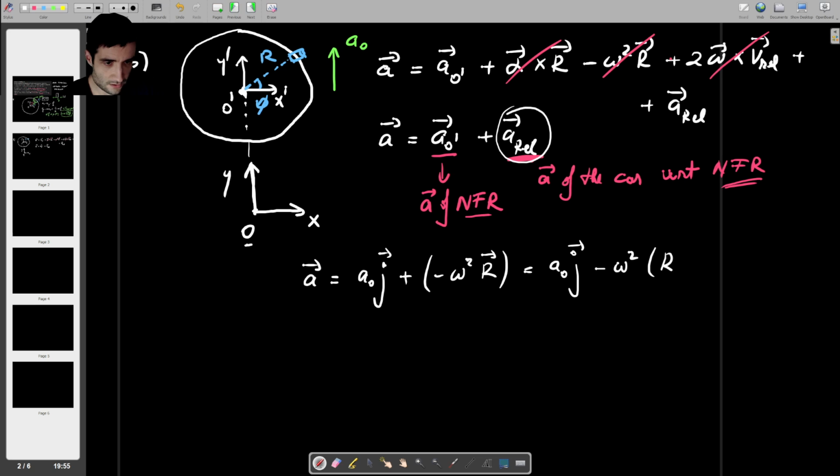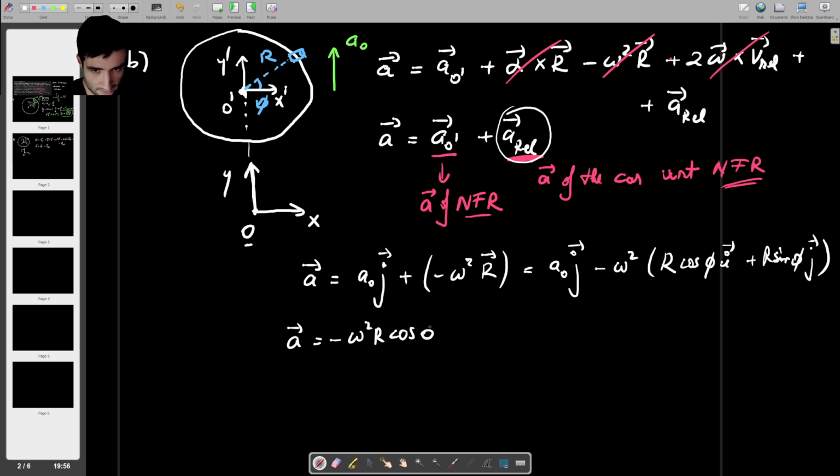The first one is r cosine phi times the unit vector i, plus r sine phi times unit vector j, which gives us that the absolute acceleration is going to be equal to minus omega squared r cosine phi of i, and then plus j times a0 minus omega squared r sine phi.